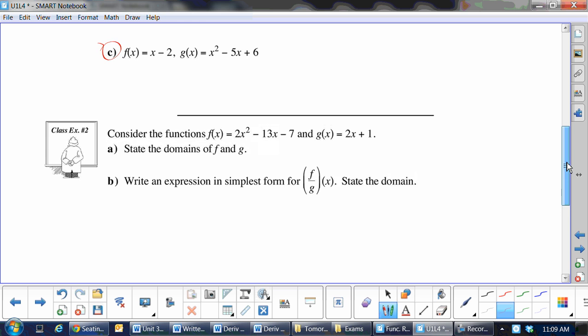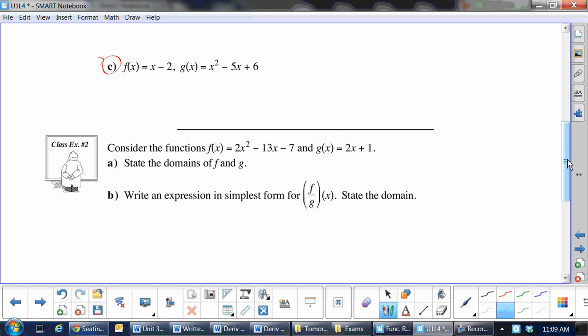Okay, now here's a good question. It says take f of x, so it wants f of g of x. So I'm going to take x minus 2, and I'm going to divide by x squared minus 5x plus 6.